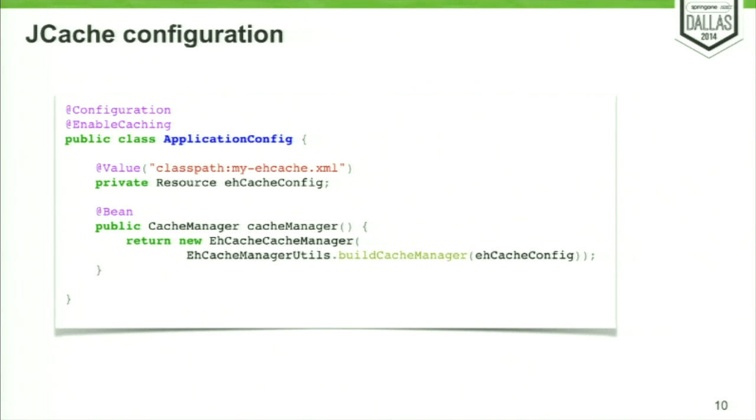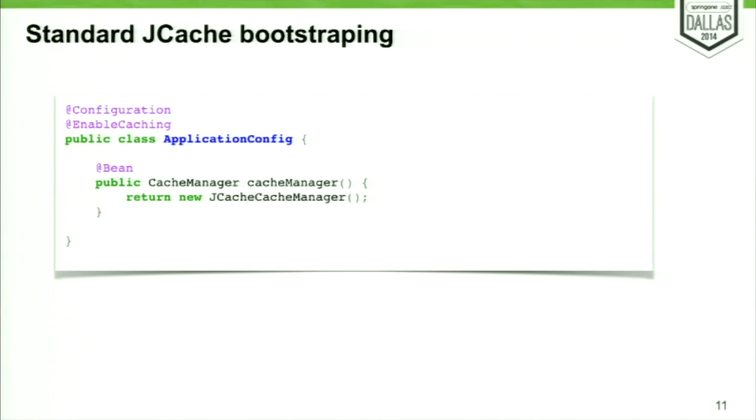At the same time, we do, of course, support JSR 107's way of bootstrapping. There's a JCacheCacheManager, which has been out there since Spring Framework 3.2 in an early form, and since Spring Framework 4.0 in a JCache 1.0 GA compliant form. JCacheCacheManager is just an adapter, right?